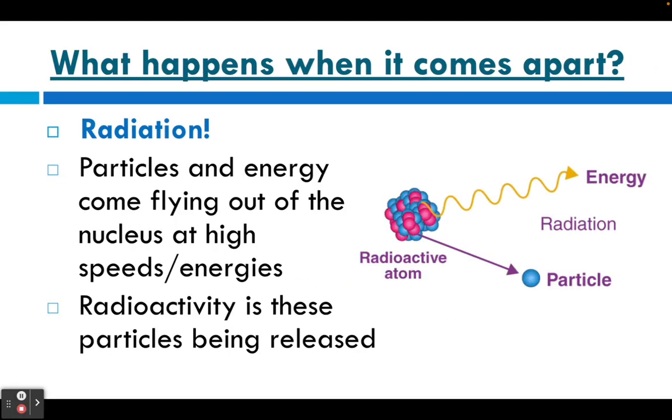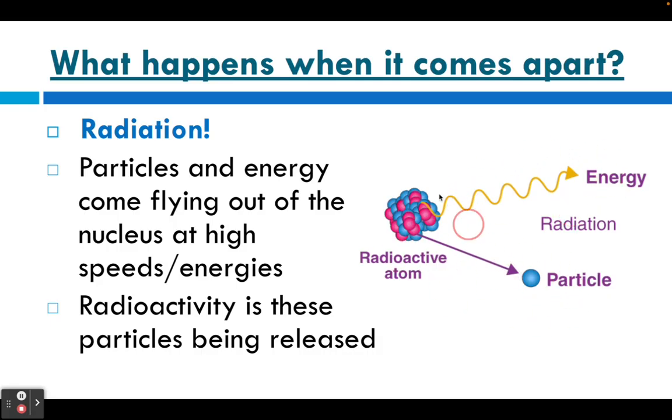So what happens when it comes apart? Radiation is released. Radiation is energy. It could be particles too. So particles and energy come flying out of the nucleus at very high speeds. You can see here we have some radiation or energy coming out here, and you've got a particle coming out.